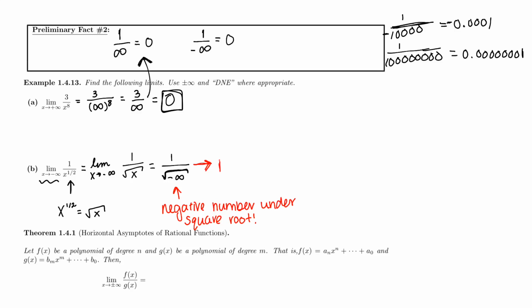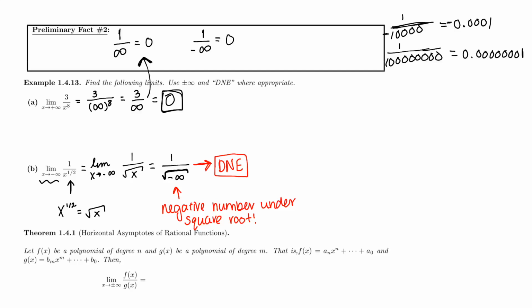Yep, DNE. Beautiful. It can't exist because you can't have a negative under a square root. As soon as you're less than 0, nothing is happening here. So certainly as you go to negative infinity, this limit doesn't exist because the graph can't even exist there.